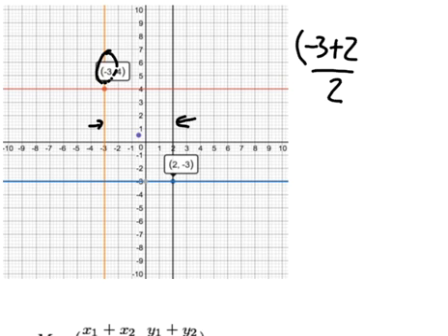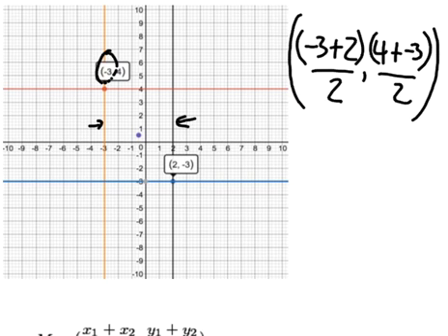That's essentially halfway in between those two lines. And if I do the same thing for my y coordinates, I say 4 plus -3, and I divide that by 2, that's going to give me a point that is, again, halfway between my red line and my blue line.